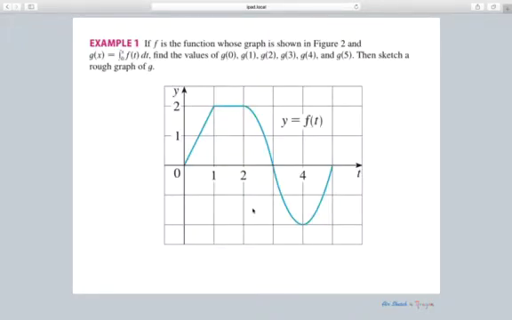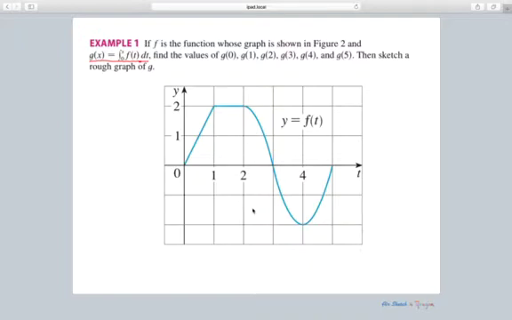This is going to set up the fundamental theorem of calculus. Here, I've defined my function g of x as an accumulation function, the integral from 0 to x of f of t dt. I'm going to find a few values of g.